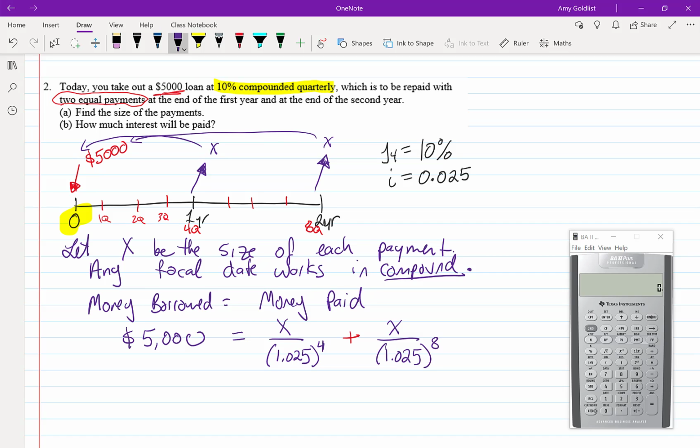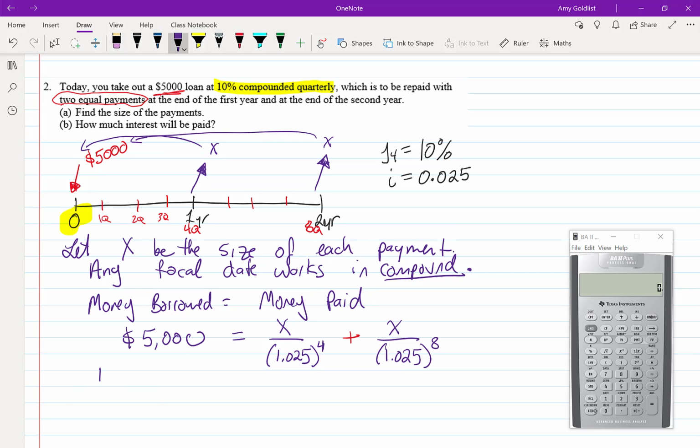Let's calculate this. There are lots and lots of ways to calculate this, but I'm going to do just one way. What I'm going to do is move everything over to the other side.